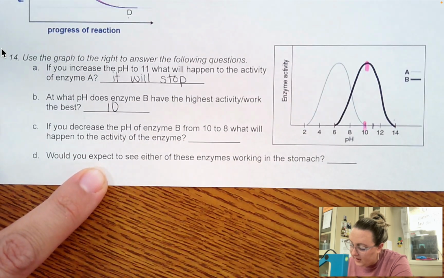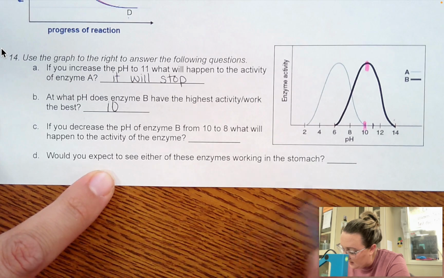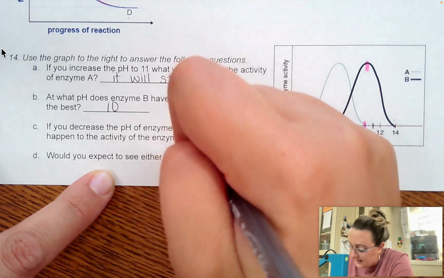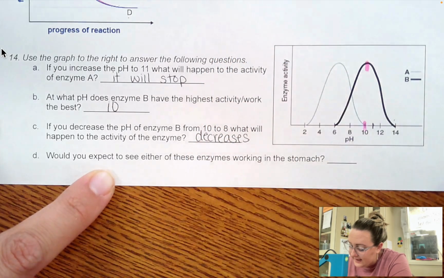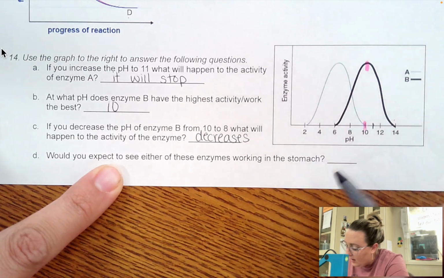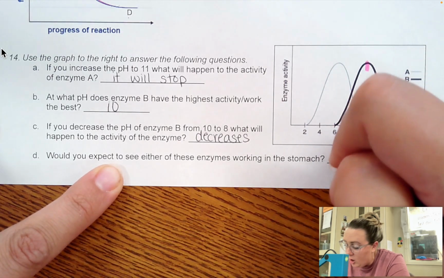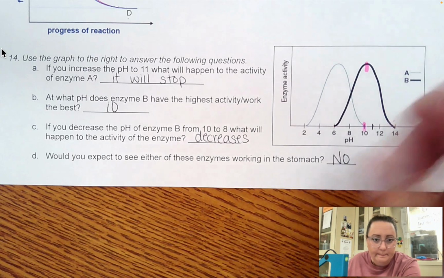If you decrease the pH of enzyme B from 10 to 8, what will happen to the activity? It decreases. Would you expect to see either of these enzymes working in the stomach? A pH of 6 and 10? No. The stomach has a pH around 2, much lower, so they would not work in the stomach.